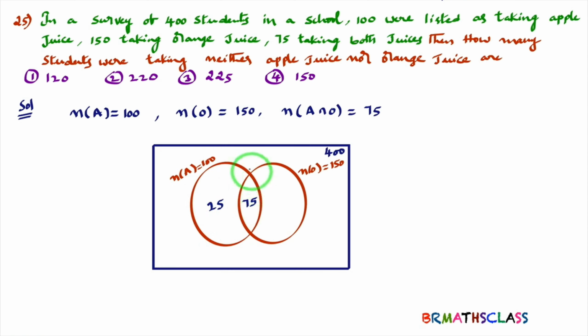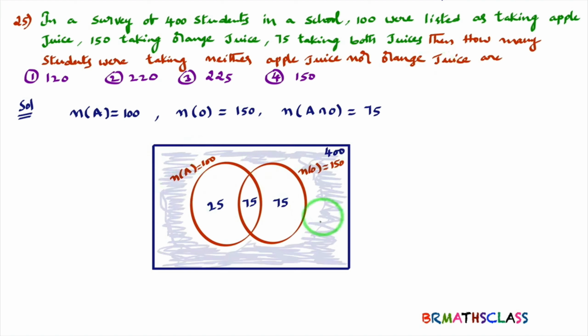Please try to understand. So now it comes to orange juice. The number of students who are taking orange juice is given as 150. As both 75 is there, this full circle is 150. In this part is 75. So this part is what? This part is 75. I hope you are understanding. How many students were taking neither apple juice nor orange juice? That means you observe the shaded part in this box.